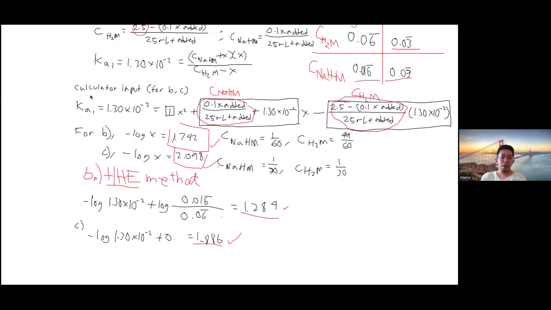So my question is, buffer naman sila. Why can't we use the Henderson-Hasselbalch equation? And you're also dealing with the same concentrations, right? Same naman ang concentration ng weak acid and then yung conjugate base.